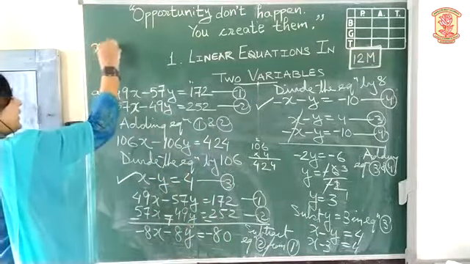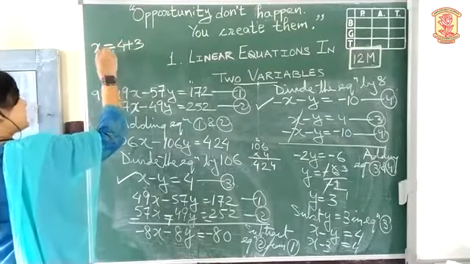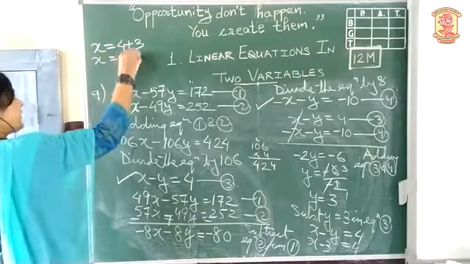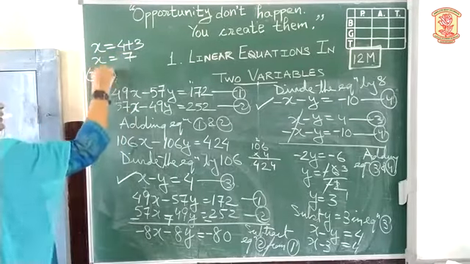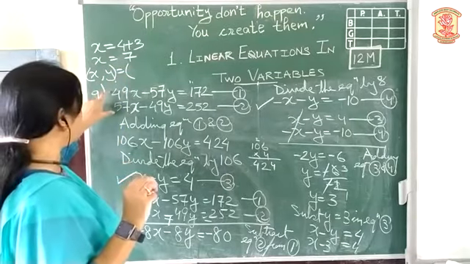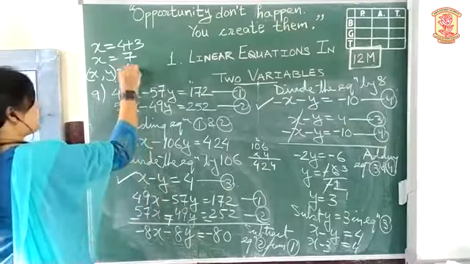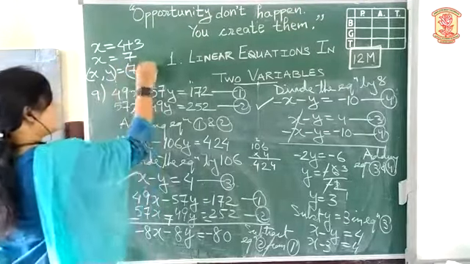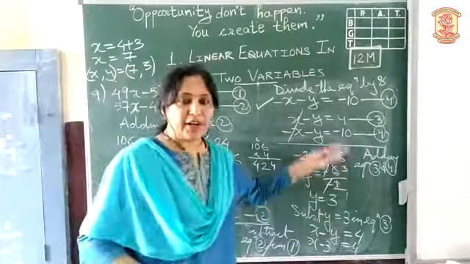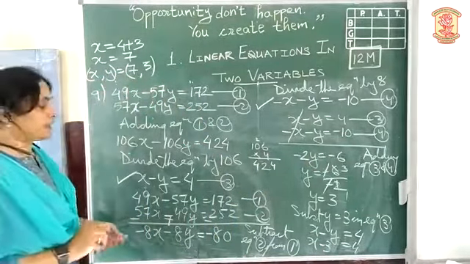So the value of x equals to 4 plus 3. So x is 7. So the solution for these equations, that is the simultaneous equations, is x is 7 and y is 3. As there was no place here, I have continued this problem over here. So this is the end of the exercise.